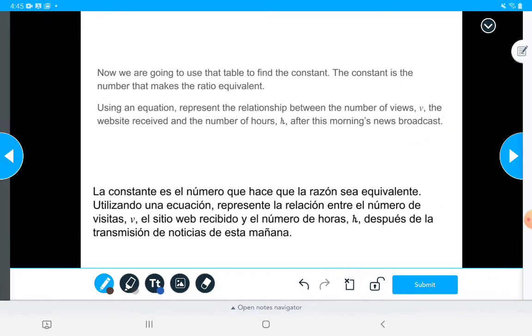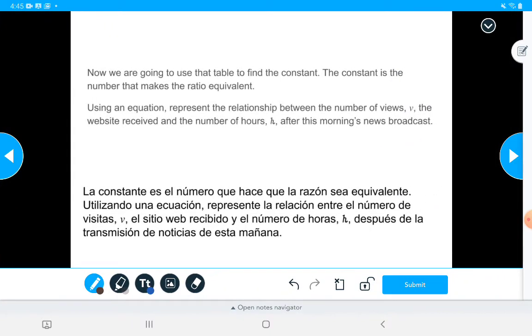The times 12 is the most important part we want to go back and remember. Now they basically want us to do an equation. We already worked with equations a little bit, but we want to continue going. So we want to find the constant. The 12 was our constant, so we're going to use that table to find the constant. The constant is the number that makes the ratio equivalent. So multiplying by 12 was our constant.